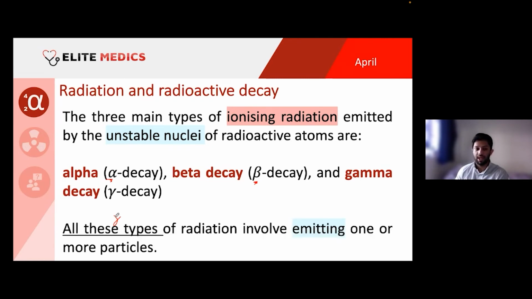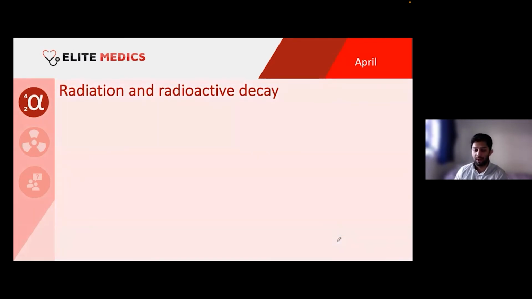And gamma radiation or gamma decay is just a photon or a wave. Okay, so all of these types of radiation involve emitting one or more particles. So gamma waves or gamma decay, remember, isn't really a particle, it's more of a wave, but that's fine.